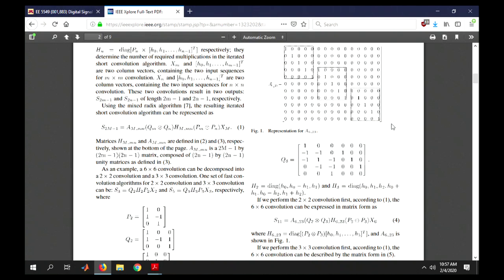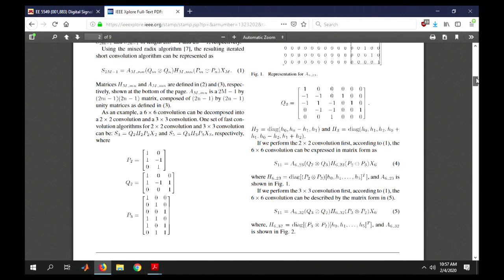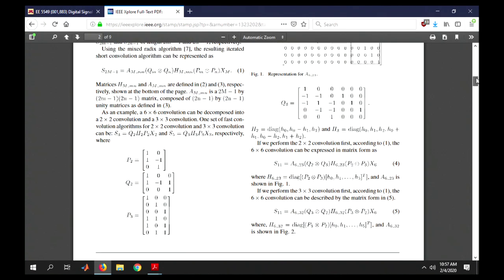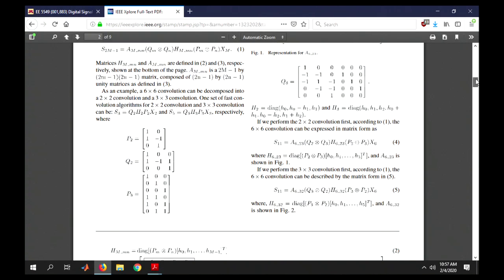It helps you some, but not all, so you will figure out the rest on your own. It shows how to compute a 6 by 6 convolution using 2 by 2 and 3 by 3 convolutions. That's probably not exactly what I gave you, and that's 6 plus 6 minus 1, an 11-point convolution.